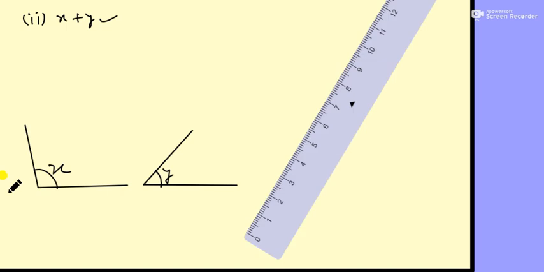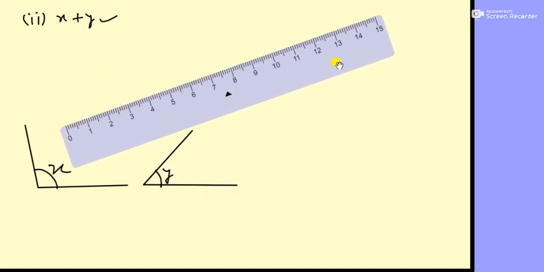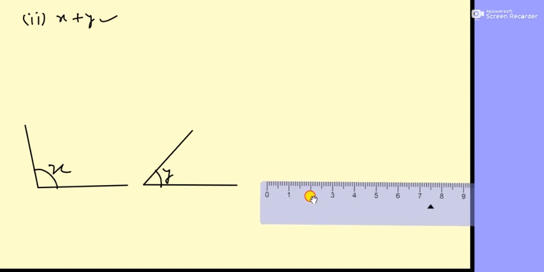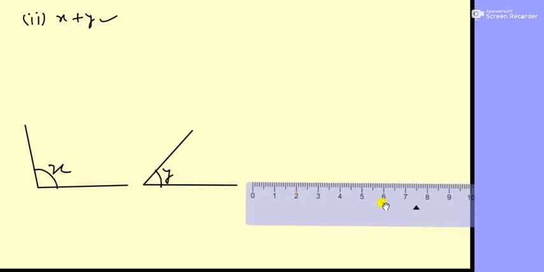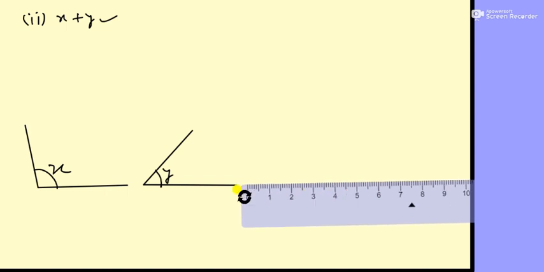So first of all, with the help of a scale, we can draw a line segment. The line segment is about 8 centimeters. So with the help of the scale, we can draw like this. It is your 8 centimeters, this one.